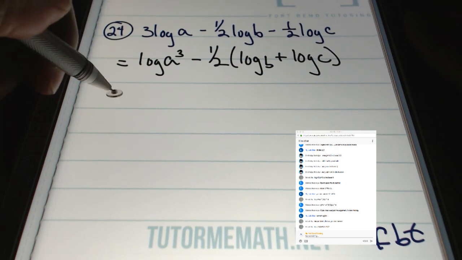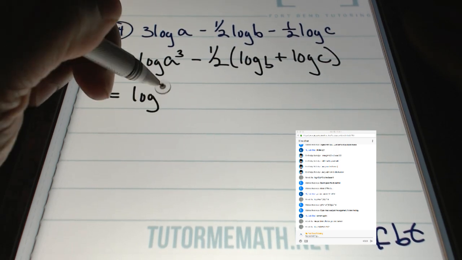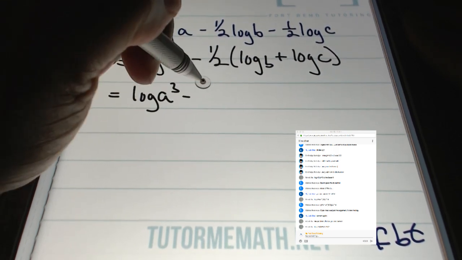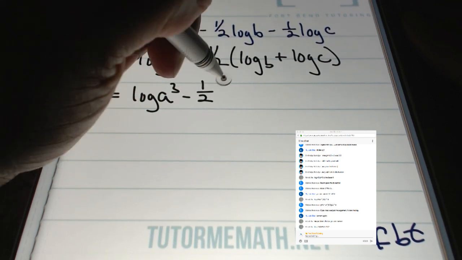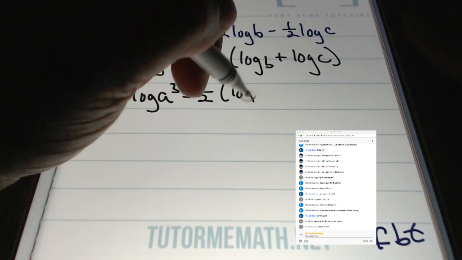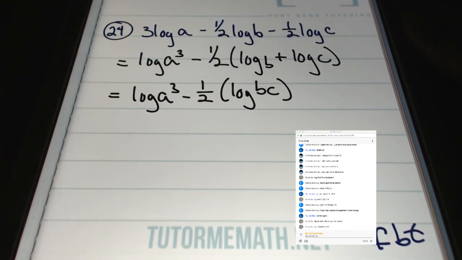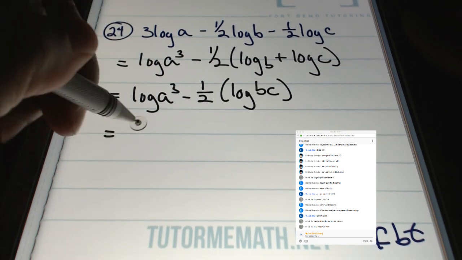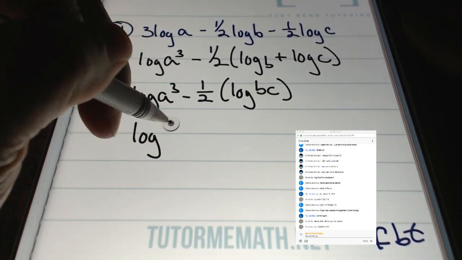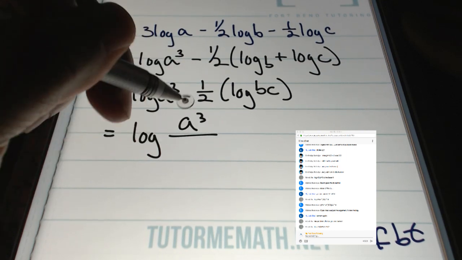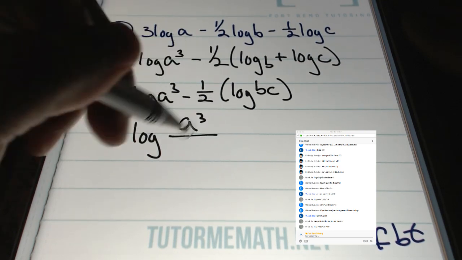Then let's work inside the parentheses and show that that's 1/2 times log of BC. What you think about that? And then because of our subtraction, let's say that we have log of a cubed over this.